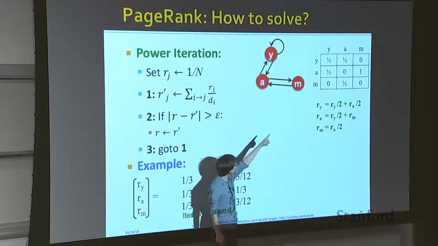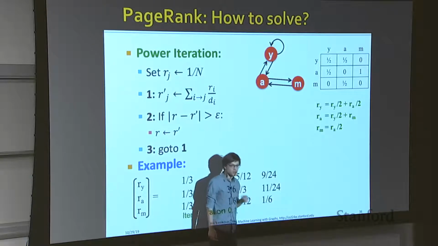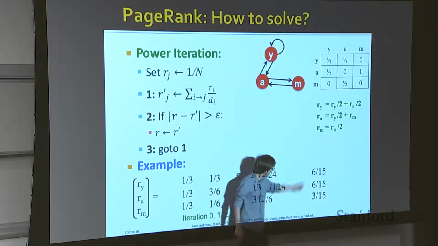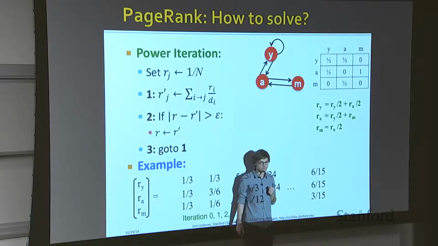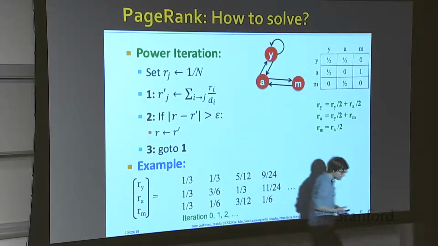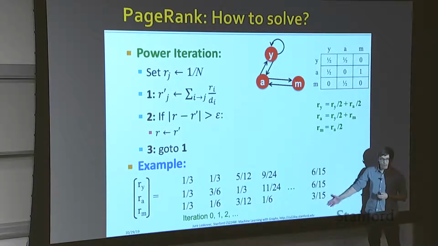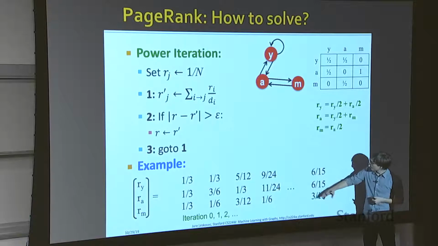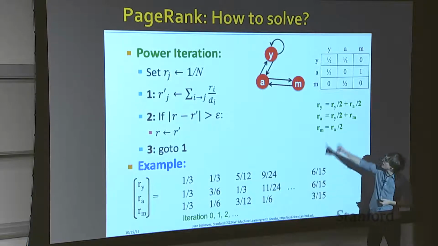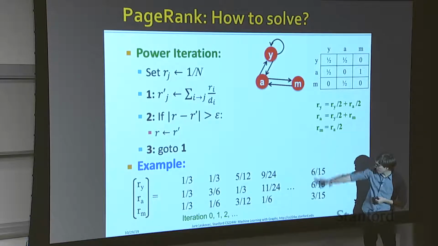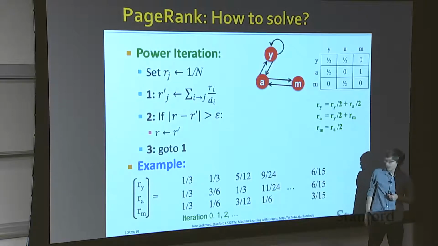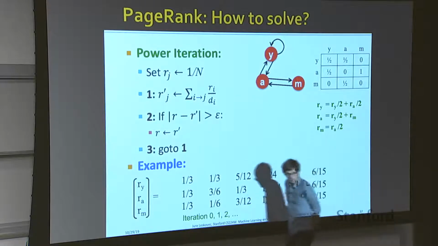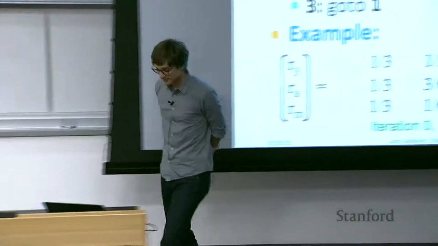And I'll take this one, multiply it with M again, and get a new vector. And if I keep doing this, this is what I will converge to. These are now my importances. So page Y has importance 6/15. Another page A has importance 6/15. And page M has importance 3/15. Okay? This is how it would work.